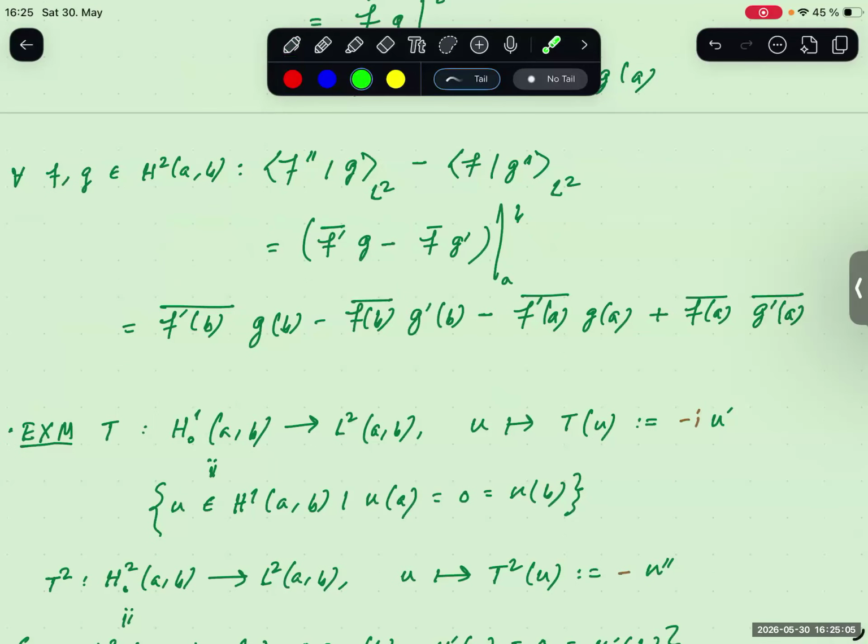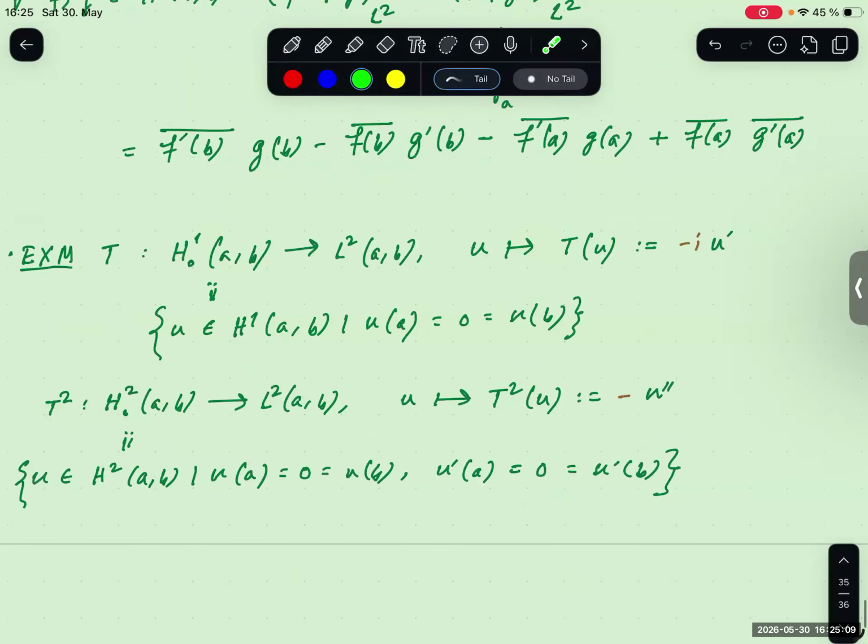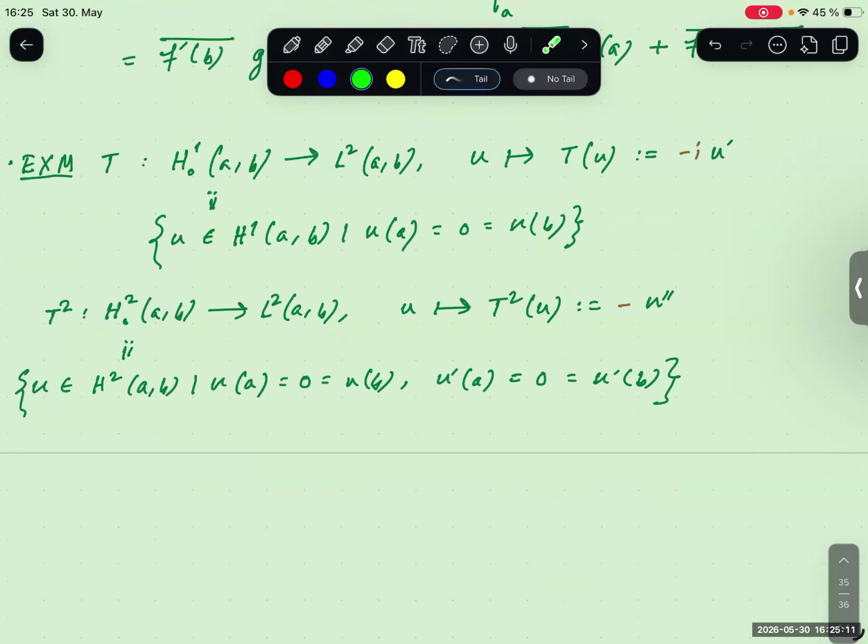Just hold on, you will see. There is a reason why it has been introduced. But yeah, to define this operator, we do not need integration by parts. Any other questions, comments? Why we need this mumbo jumbo?